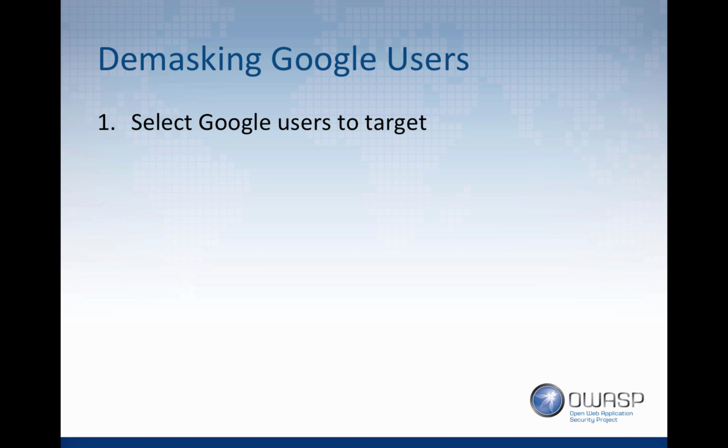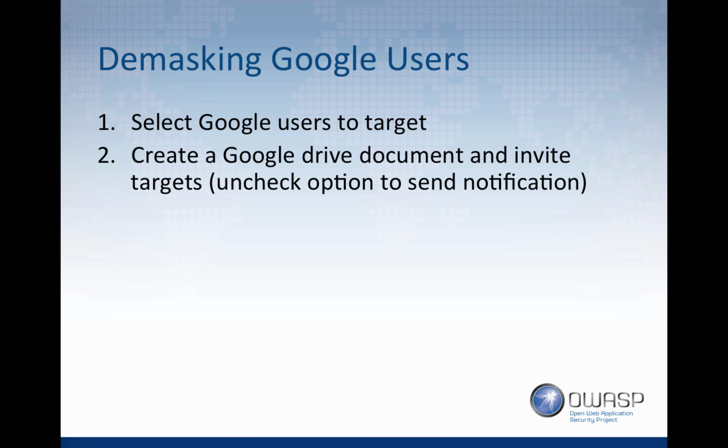Okay, so we're moving closer towards software now. Here's a fun attack you can do. Say we want to demask someone on the internet. So we want to demask a Google user. Let's select some Google users to target. Just figure out their email addresses. Then create a Google Drive document and invite those targets.